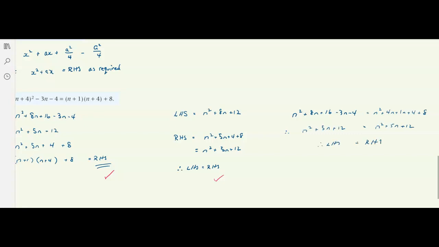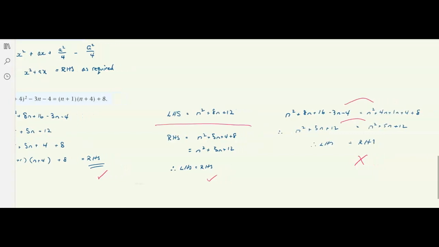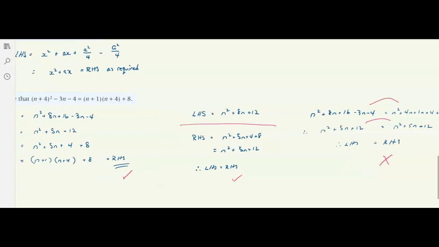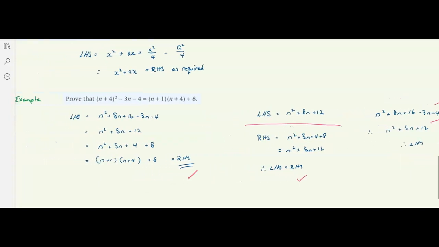I want to show there that that is not okay, and the difference between these two methods is that we worked here separately. Left-hand side and right-hand side were not worked out on the same line, whereas here they're worked out on the same line as if they are equal, and proceeding through as if they are equal is an incorrect method. So worth distinguishing between those different types of proof, because when we're concentrating on methods of proof, we have to make sure we're being absolutely spot on.